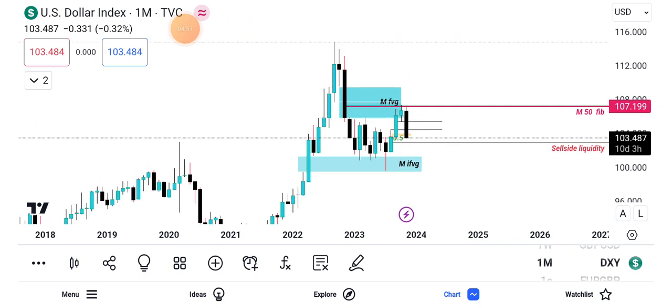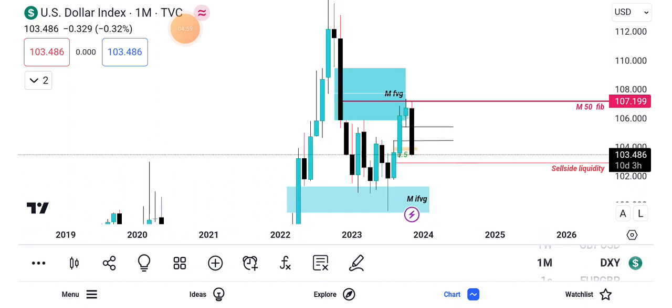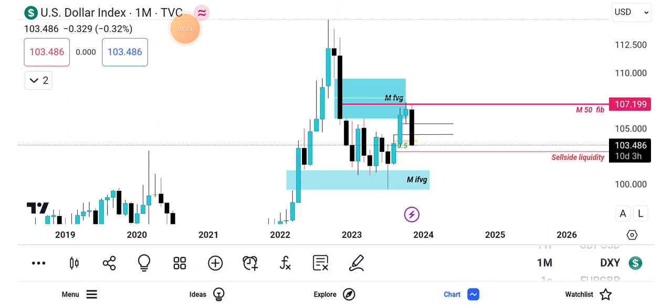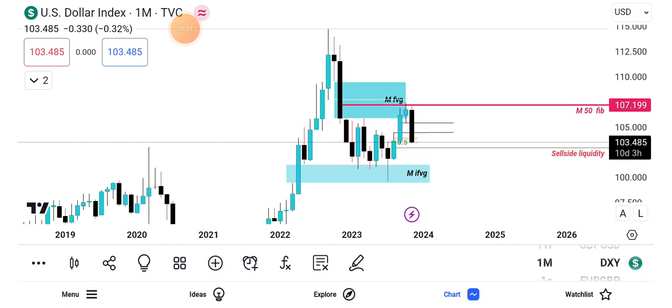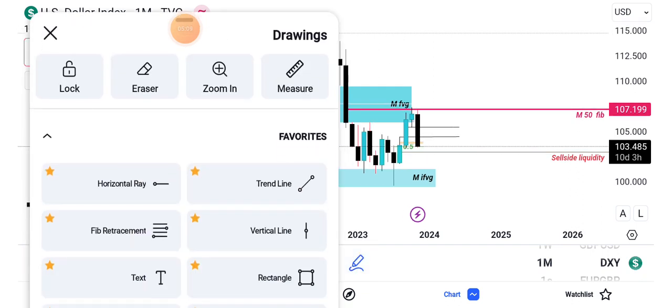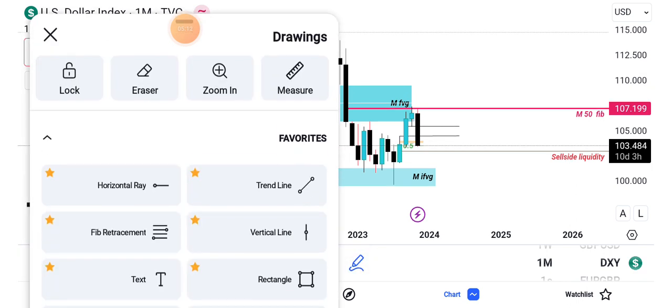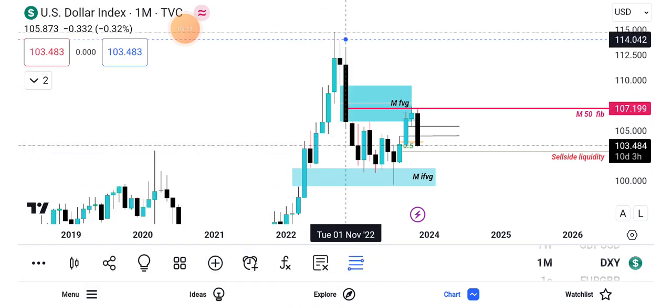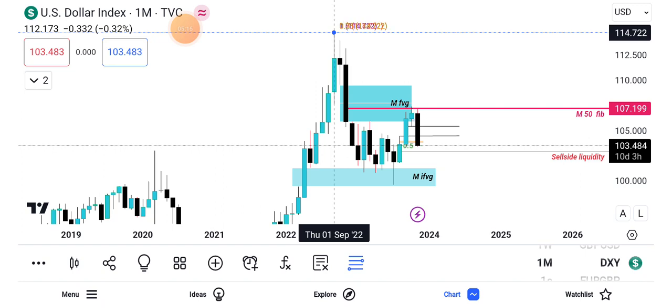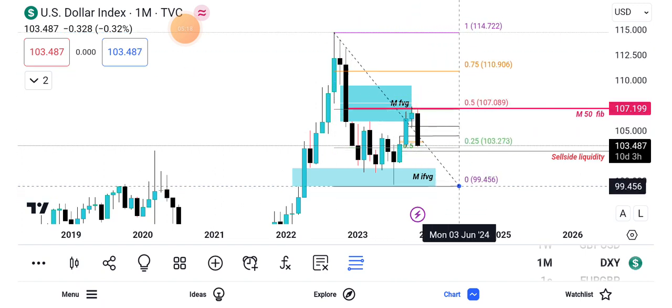And as we know, we sell when we are in premium, when prices are expensive, and we buy in discount when prices are cheaper. So to determine the discount and the premium level of this bearish price leg, we have this high and this low.